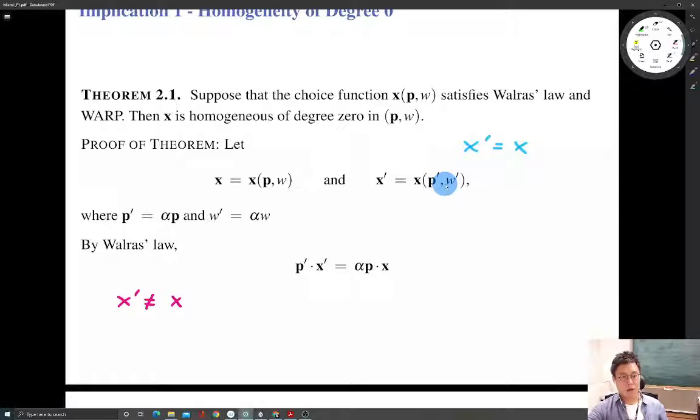By Walras' law, we know that P prime dot x prime equals W prime. By definition of P prime and W prime, this can be written as alpha P dot x prime equals alpha W, and alpha is a positive constant. Canceling out alpha, we obtain P dot x prime equals W by Walras' law.